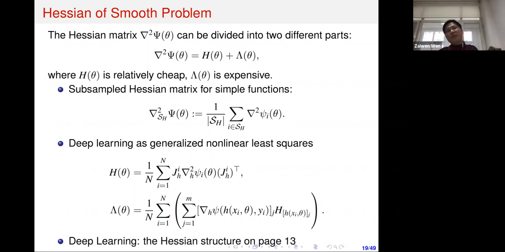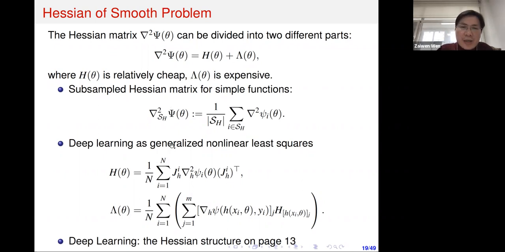Then we take a look at a few cases. So for example, for certain simple functions, if your data set is small, if your neural network is simple, then we can afford to compute the Hessian at a few samples of theta. Then you can construct H in this way.